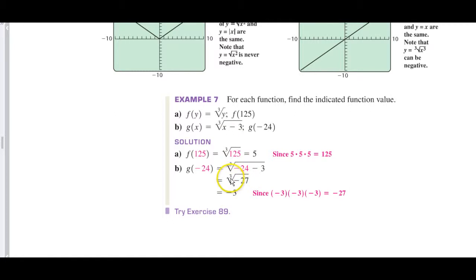And it's okay since it is an odd index number, which is a negative 3. So 3 times 3 times 3 is 27. A negative 3 times a negative 3 is a positive 9. Times a negative 3 is a negative 27. So that checks out.